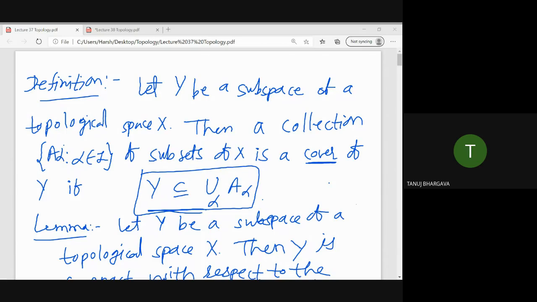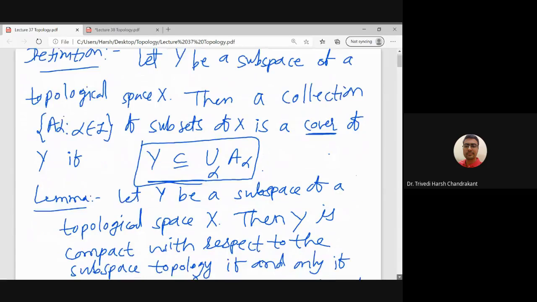Yes, sir, audible. Okay, so if X is a topological space, then the cover means X is exactly the union of A alpha, right? So this is the difference between the cover of the subspace and the cover of the space X. For the cover of the subspace we take the subset relation, and for the cover of the topological space we take equality.